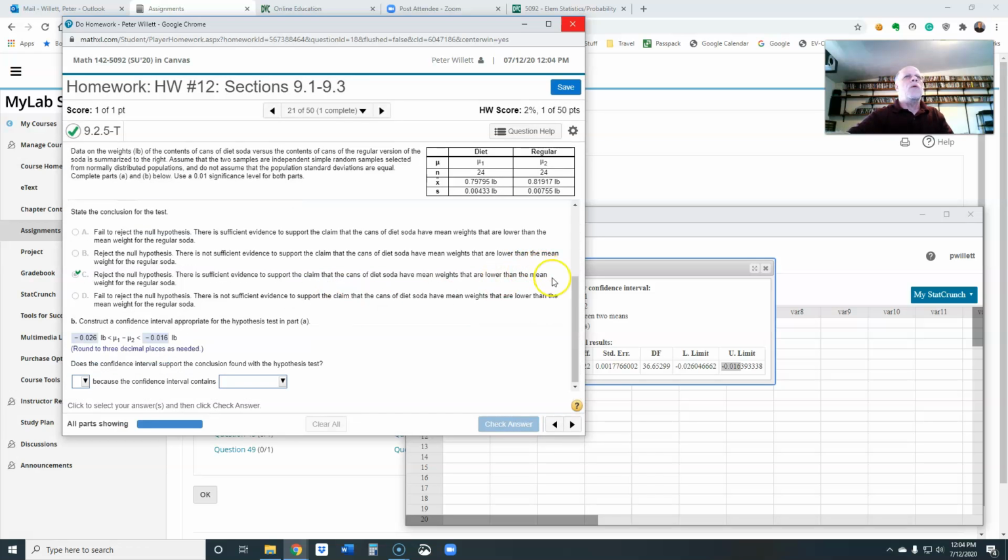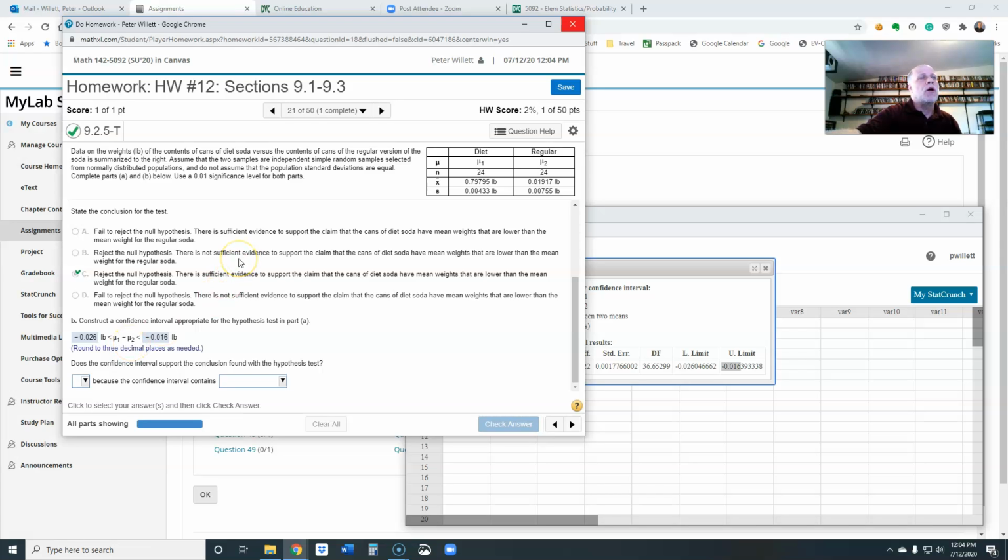All right, and then it wants us to try to draw a conclusion. Does the confidence interval support the conclusion found with the hypothesis test? So what does the confidence interval show us? That we're 99% sure that the actual difference in the true mean population values is in this range. And since this range only has negative numbers in it, that suggests that mu1, we're 99% sure, is less than mu2.